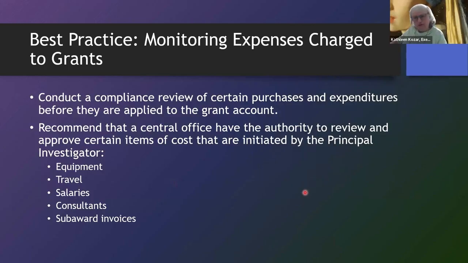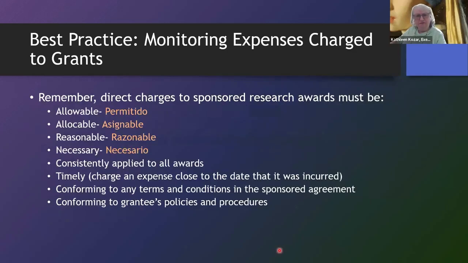So remember our session on developing a budget at the proposal stage when we're submitting a grant proposal. We talked about the types of expenses that are allowed in a budget that is going to a U.S. federal agency.